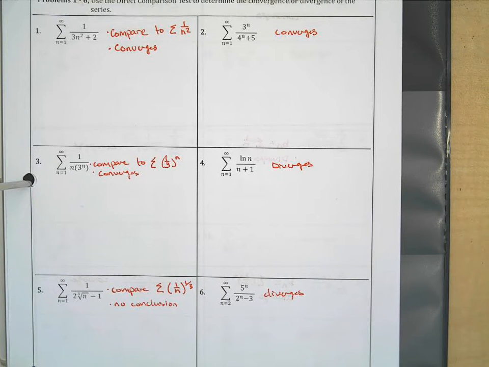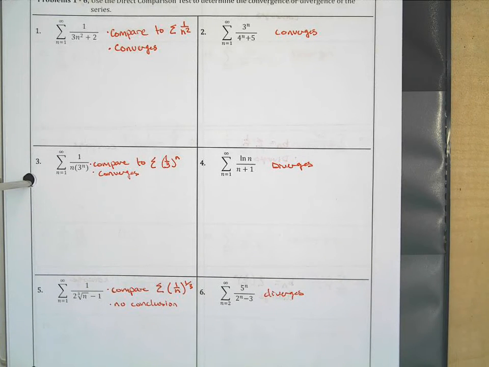So we had 2 options. We could have chosen 1/3 to the n or 1/n. 1/3 to the n converges, 1/n diverges. So you could choose one or the other, and once you set up your inequality, you'll go, I failed, let me try the other one.